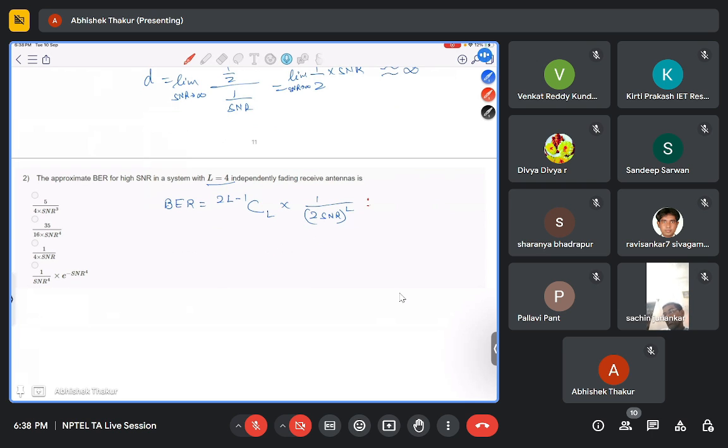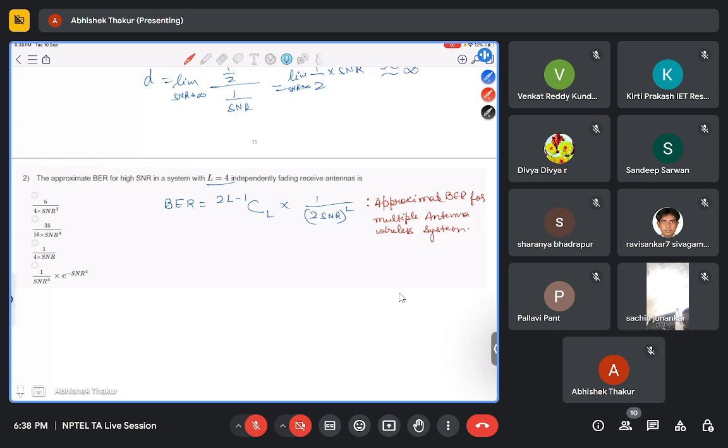This we will use in this question for a multiple antenna wireless system.